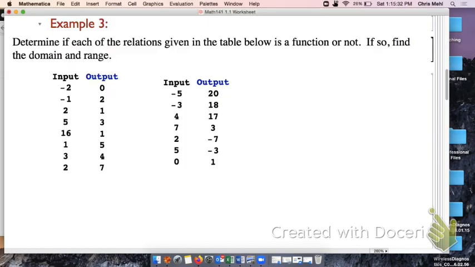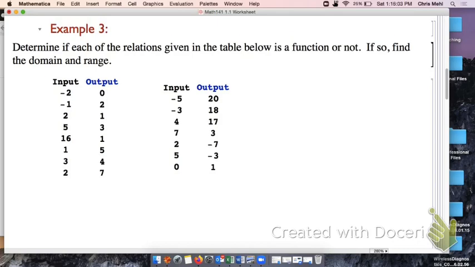Okay. So just to understand the idea of the definition of a function, I have two tables below in example 3. This should be example 2, but I must have deleted an example somewhere.